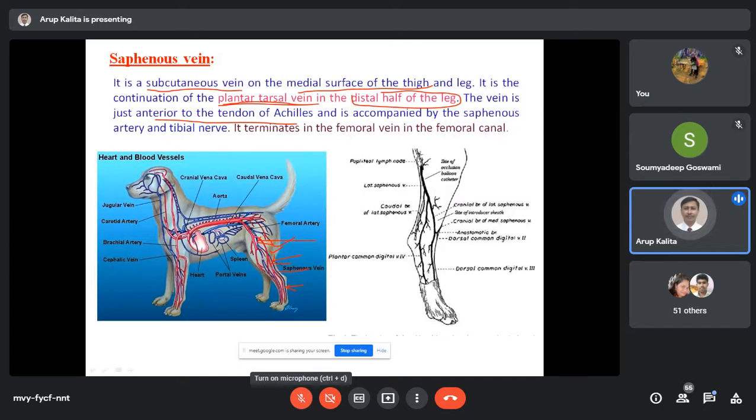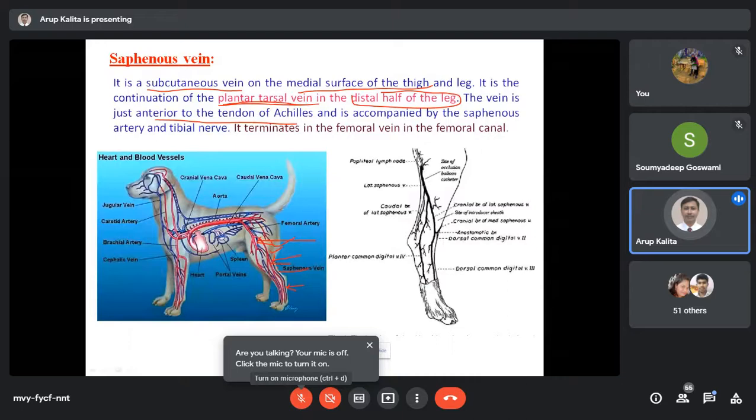It is not the only vein. Cephalic vein is also there. Cephalic vein you will get in the forelimb, and saphenous vein you will get on the hind limb. So it is one of the areas from which you can collect blood from dog and cat. And it is also one of the sites to give intravenous injection in dog and cat. In case of horse also, you can use it.